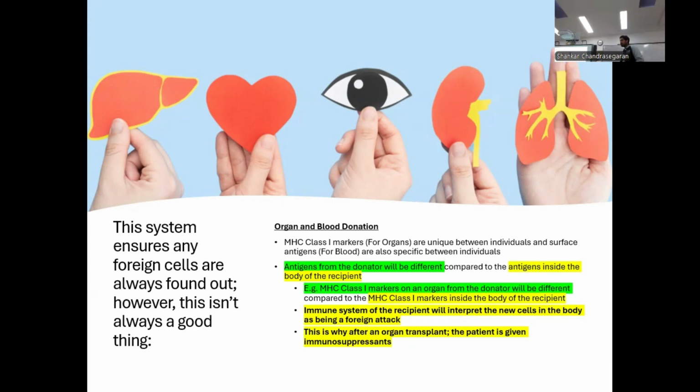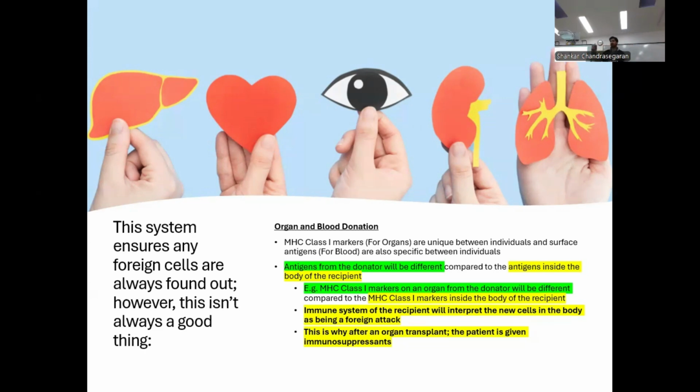Basically, the body's normal immune system is moving around, and when it gets to the liver, it picks up on the fact that the markers on the liver cells are different from the usual self antigens. They are non-self antigens, and as a response, the immune system will get triggered and start to attack those cells, basically attacking a whole organ.